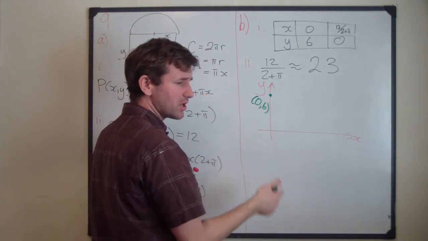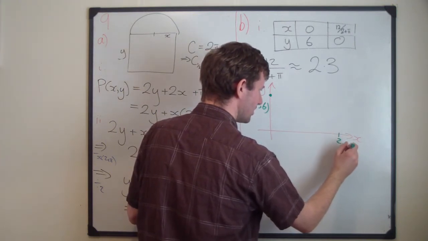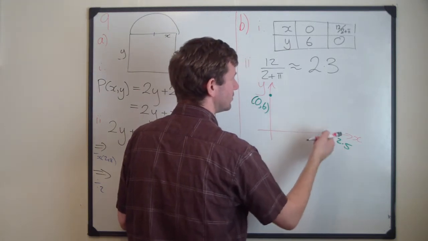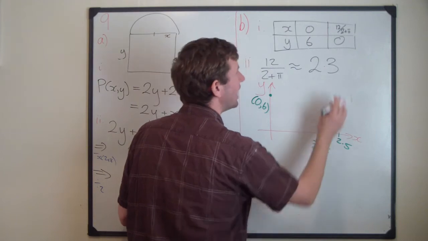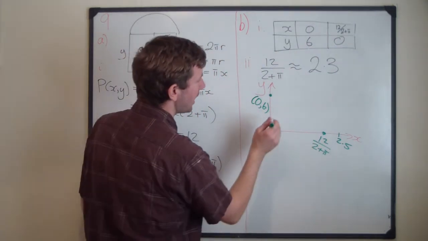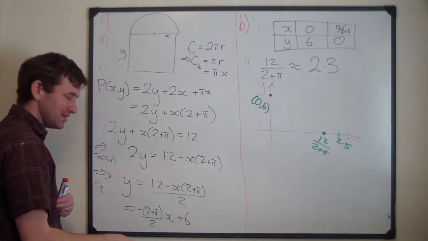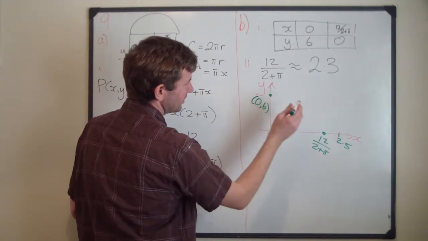And then x approximately 2.3. So you can have your 2.5, but you're not going to be going that far. We won't call it 2.3, we'll call it 12 over 2 plus pi. At that point, the y coordinate is 0. And it is a straight line because here it's definitely a line mx plus c. And we go down like this.